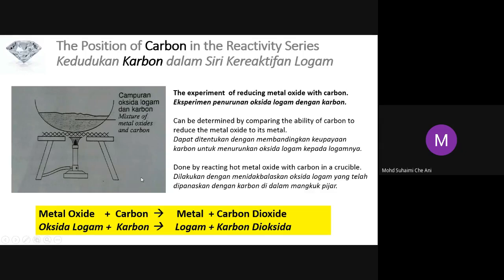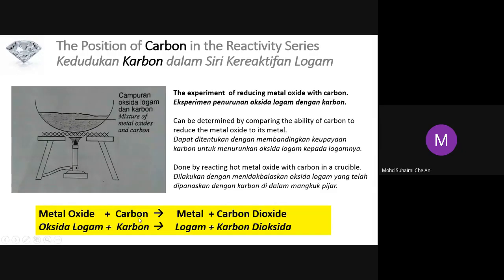It means that you mix metal oxide and carbon in a crucible and then you heat it. When you see there is a reaction, maksudnya you nampak tindak balas, it means that the carbon can replace the metal from its oxide.